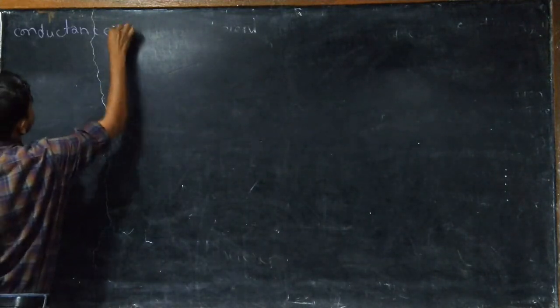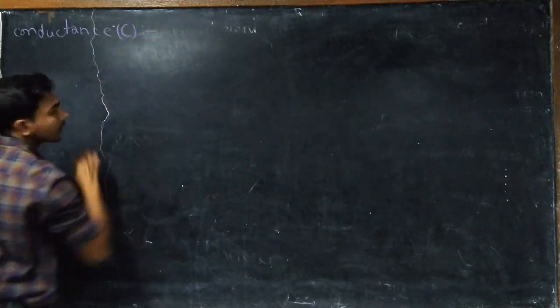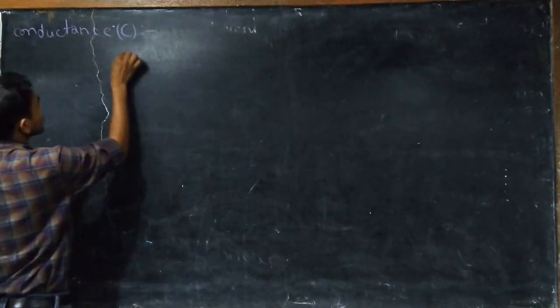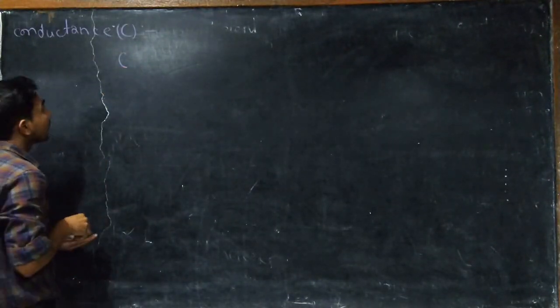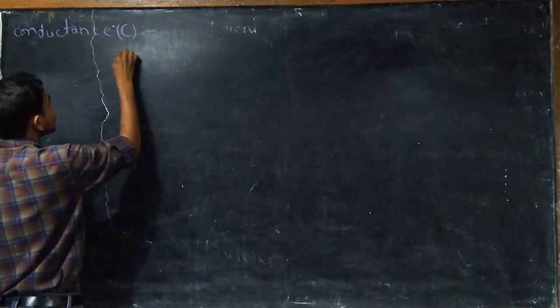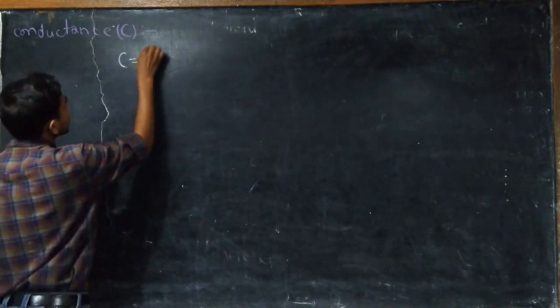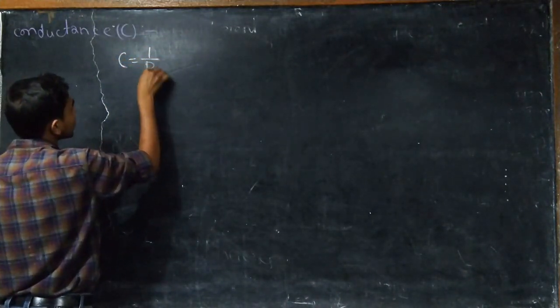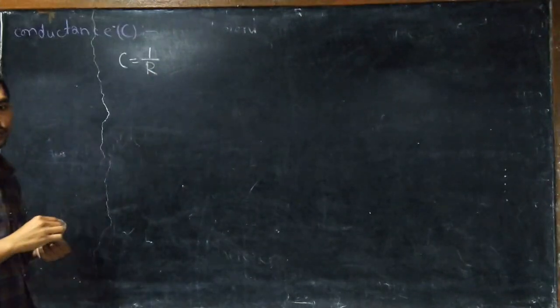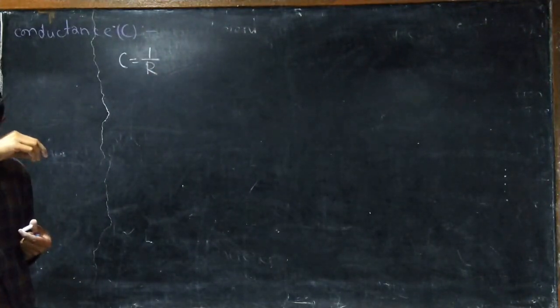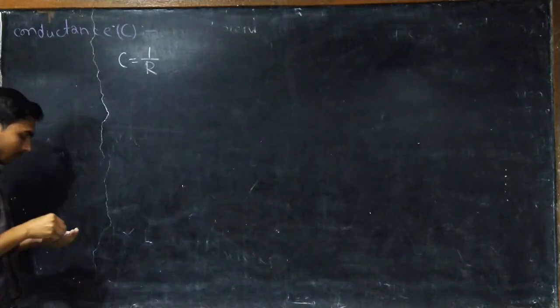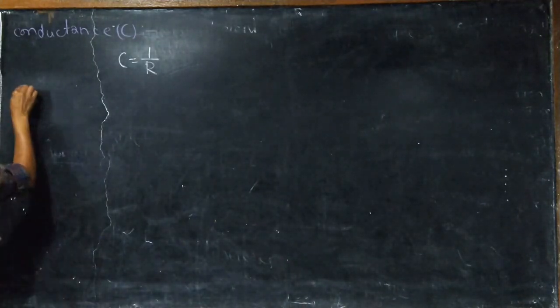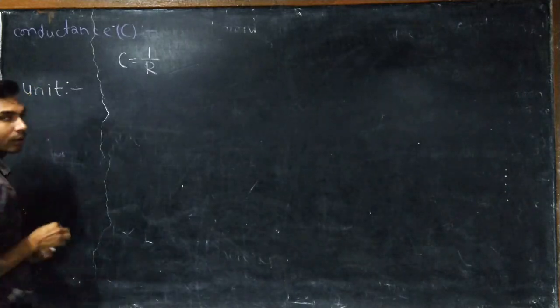Okay, so conductance. Conductance is basically represented by C, and C is equal to 1 by R. Next, what about the unit of conductance?